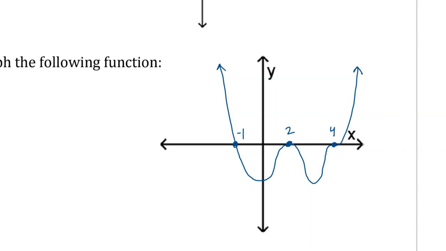Now, you'll notice that my sketch is a little out of scale because my -1 and my +2 look like about the same distance from the y-axis. Do you agree? So if I was doing this for my homework solutions that I post online or for a test, I would try to be a bit more careful to make it look a little bit more to scale, but it doesn't have to be to scale. But you do want it to be kind of to scale.